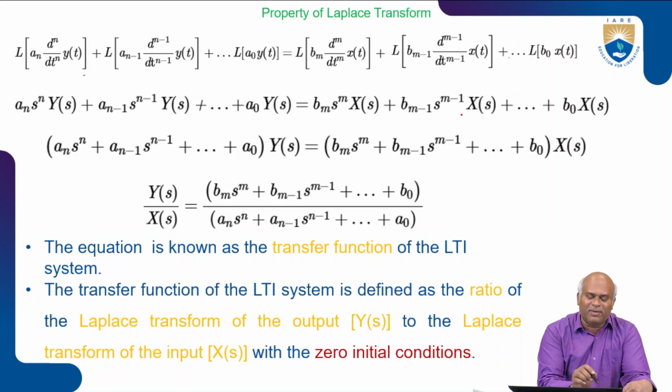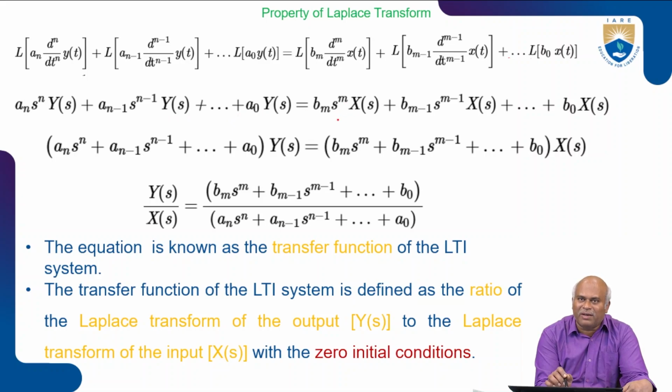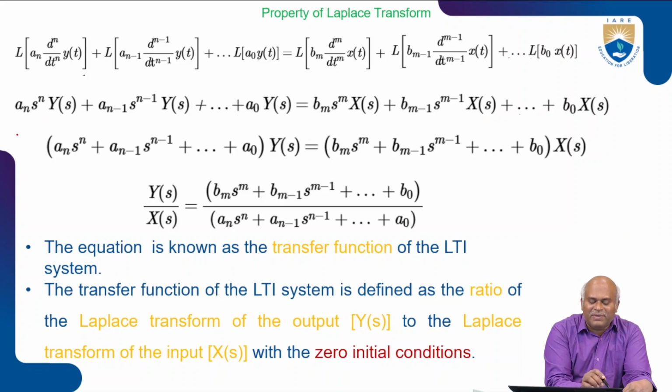So now if we apply the Laplace transform to all the differential terms, with the initial conditions taken as 0, what I am writing is a_n s^n Y(s) plus a_(n-1) s^(n-1) Y(s) plus dot dot up to a0 Y(s). Then on the x side also, b_m s^m X(s) plus b_(m-1) s^(m-1) X(s) plus dot dot up to b0 X(s). So on the left side Y(s) is a common term, we take it out.